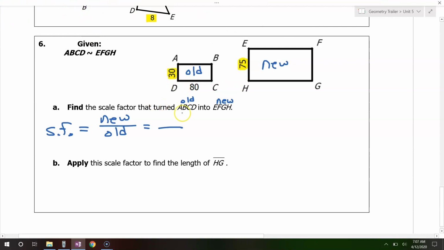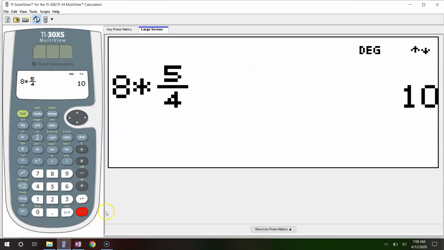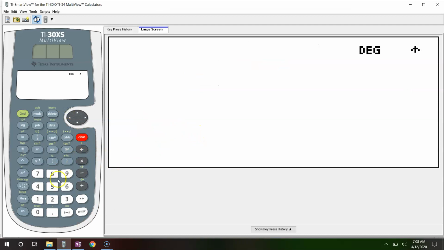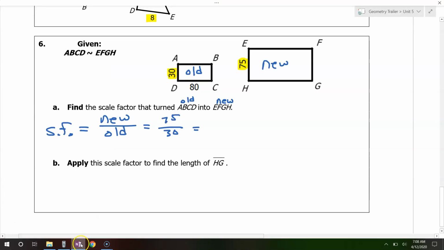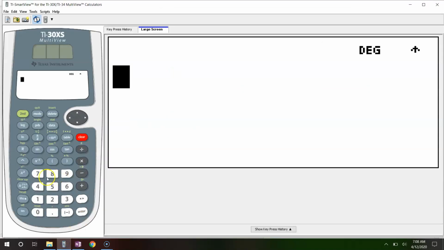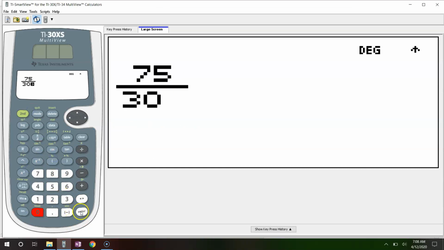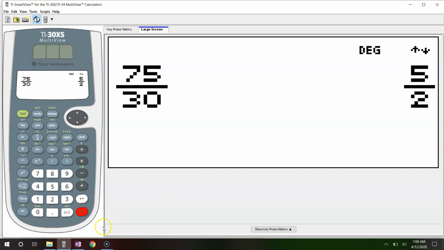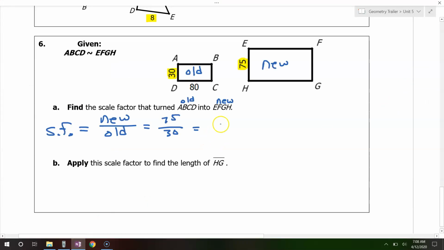So new over old is going to be 75 over 30. We just need to reduce this. Let's use the calculator. 75 over 30 is going to be 5 halves. So that is the scale factor.